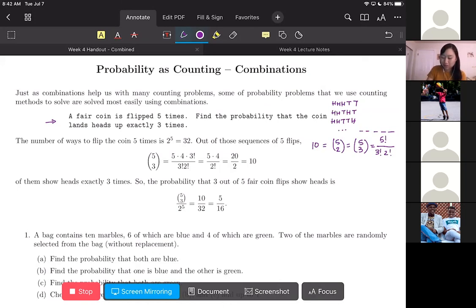So for the denominator, we do 2 times 2 times 2 times 2 times 2, or 2 to the 5th, and this is 32. So the total here is going to be, sorry, it's hard to read. Basically this, 5 choose 3 on the top and 2 to the 5th on the bottom. That gives us 10 over 32, which gives us the final answer of 5/16.